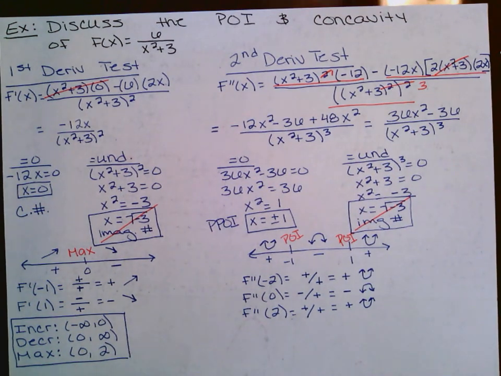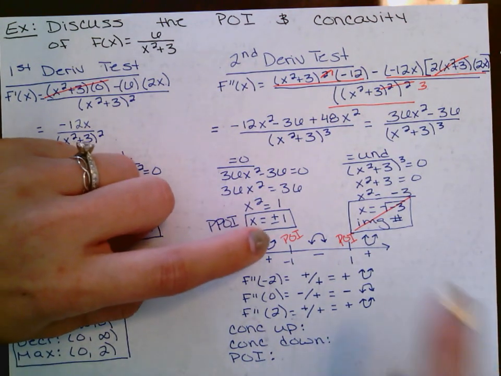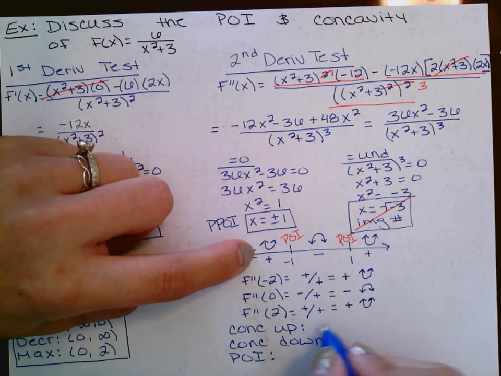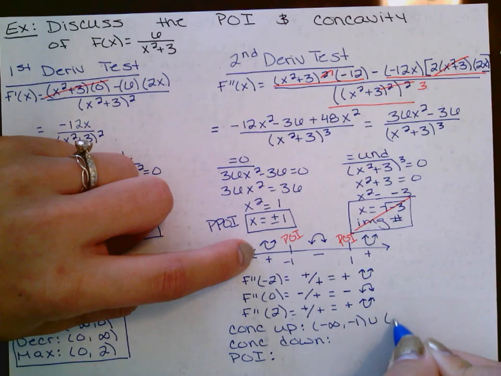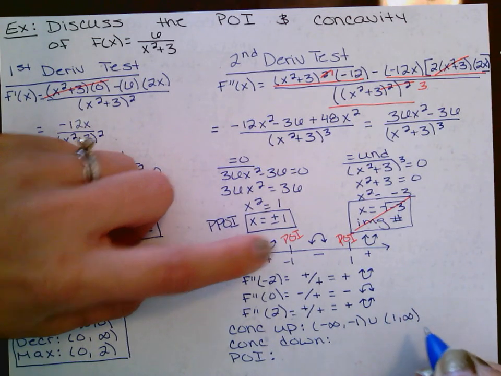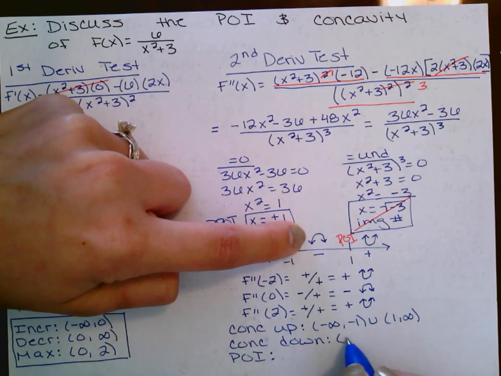Okay, let's make our list. So I was concave up on the 2 outside intervals, so from negative infinity to negative 1, and then from 1 to infinity. I was only concave down in between, so negative 1 to 1.